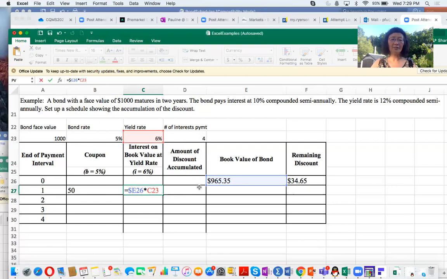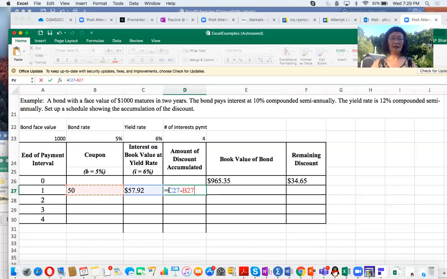$E, because column E will not change, but the row will change to 27, 28, 29, etc. And the yield rate, I will use absolute cell reference $C$23. So I get this interest on book value, and now the discount is just the difference between the interest on book value and the coupon or payment.